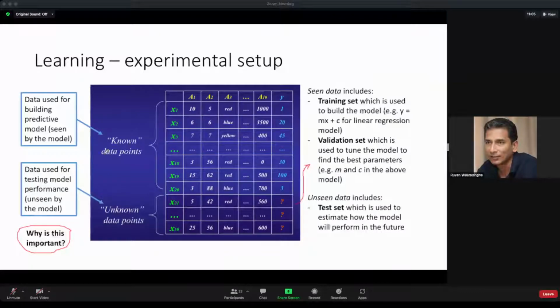What are the things I can change? I can change my data cleaning, the wrangling part. I can change my feature selection. I can also change my algorithm. Those are the three things you can change, and you keep changing those and testing on this data set.